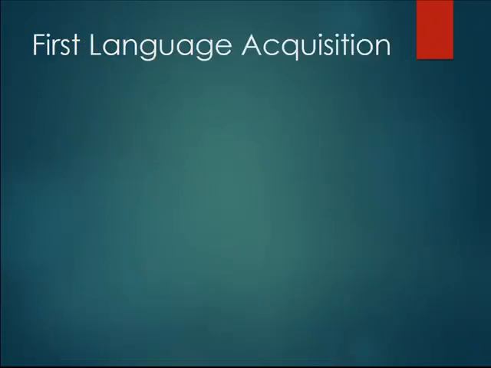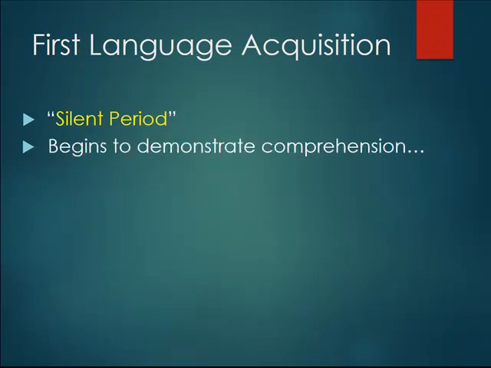After that first stage, we have a silent period where children will understand far, far more than they're able to communicate. If you've been around a child between 1 and 2 years old, you'll see that babies can totally understand what's going on.